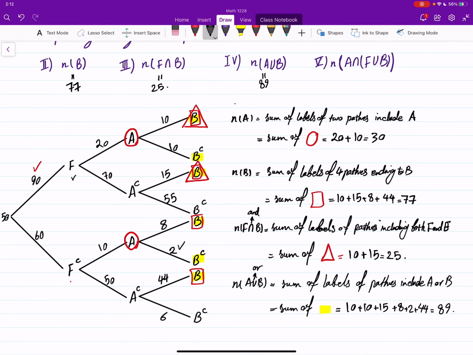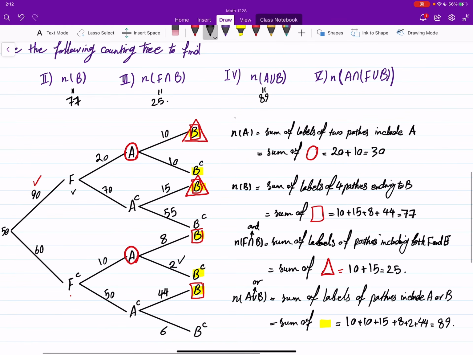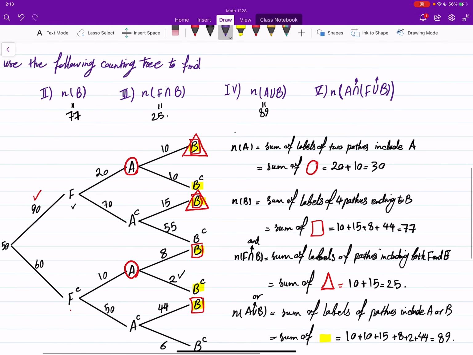Okay, the last one is nice. Here I have one intersection and one union. So we are basically looking for paths which include A and at least one of F or B. So OR comes for the union, intersection comes there.